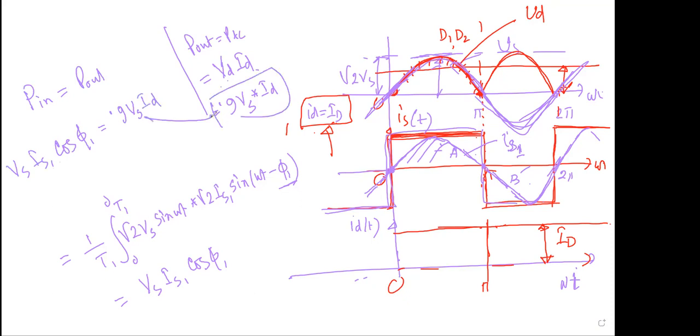Our phi is 0, as we have already mentioned, there is no phase difference. And your VS cancels. From that I can write IS1 will be 0.9 multiplied by ID.